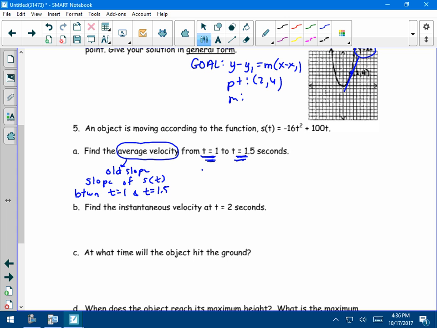So I would just do s of 1.5 minus s of 1 all over 1.5 minus 1. So plug in 1.5 and 1, find your slope. When it says instantaneous velocity, that's what you're more used to. That's when you find the velocity formula, which is the derivative of the position, and plug in 2.